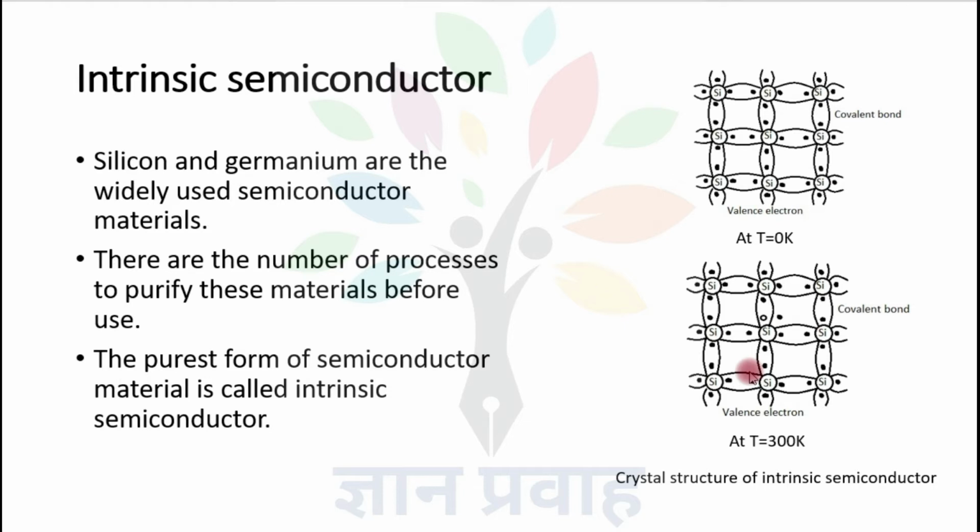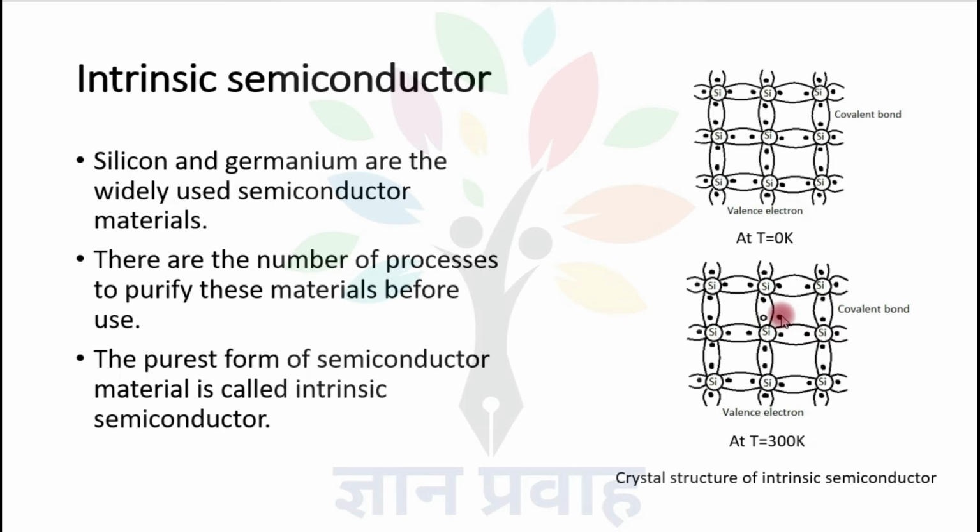So when we increase the temperature, the covalent bond will break. Here the covalent bond is shown. So the free electron is here, this electron is freed from here, and the sharing of these two electrons is broken here.